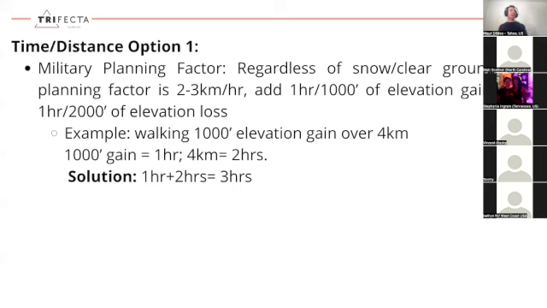So what that means is 1,000 feet of gain is 1 hour. And then 4 kilometers of movement is 2 hours. So 1 plus 2 is 3 total hours of movement. Again, this is a military planning factor. So it's taking account for being cross country with a fairly heavy pack on and a moderate to low level of fitness for the people moving.